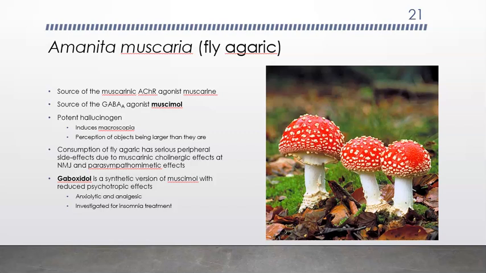It's also proposed that early Christianity may actually have sprung from cultic use of fly agaric in Second Temple Judaism, as it can produce this sense of transcendence, so that's an entheogenic effect.